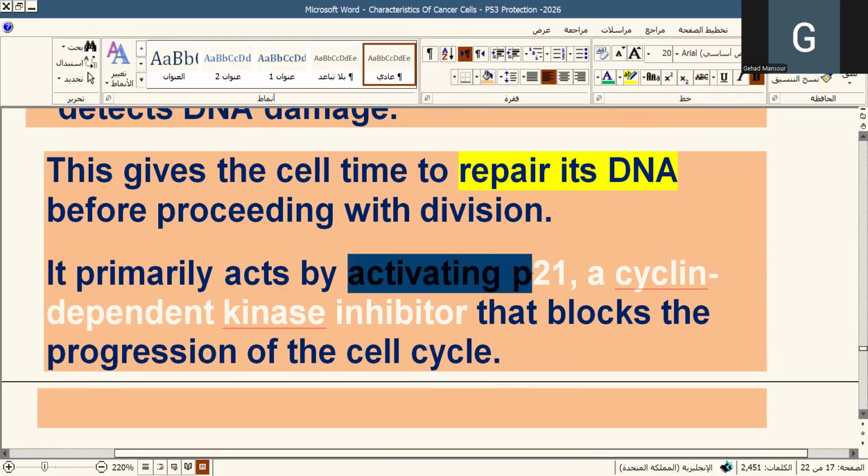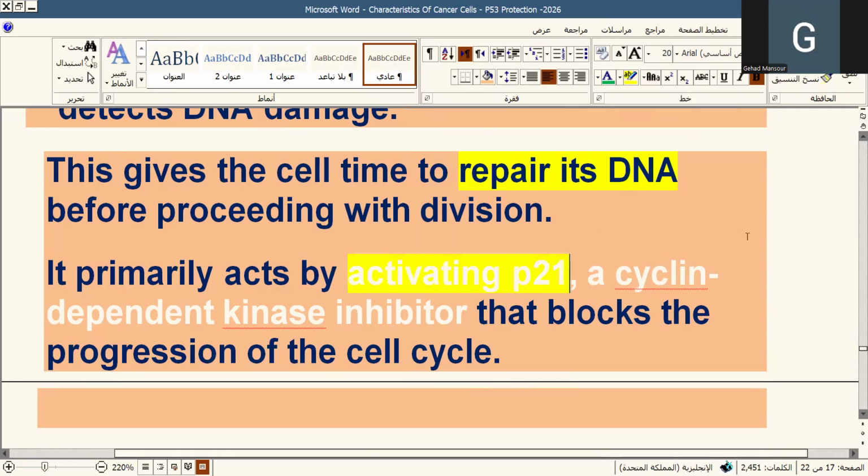It does this by activating a protein called P21. And this P21 is an inhibitor of the CDKs, or the cyclin-dependent kinases.